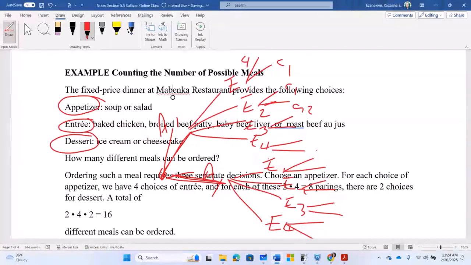So when you count the last branches, the sample space is 16. The number of orders is 16, which says how many different meals.